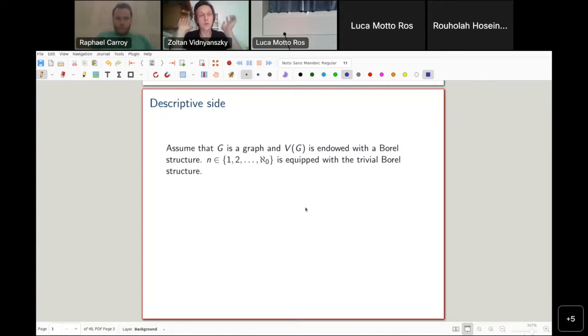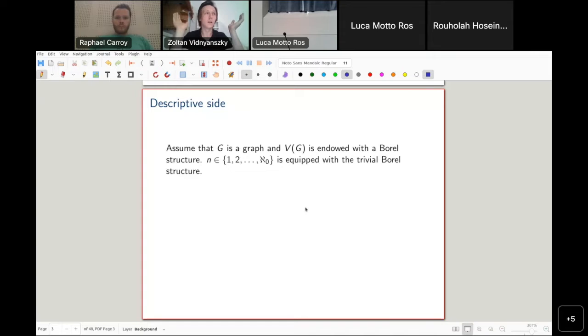Basically, the whole idea is that we consider graphs on Polish spaces, on large spaces, and we consider combinatorial questions about these graphs with usual notions of combinatorics like chromatic number, perfect matchings, etc. But the extra assumption is that the graphs are definable, so they are nice, and also the objects which we want to find are definable as well.